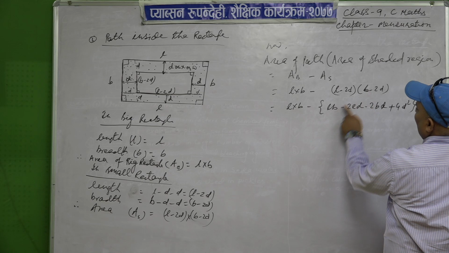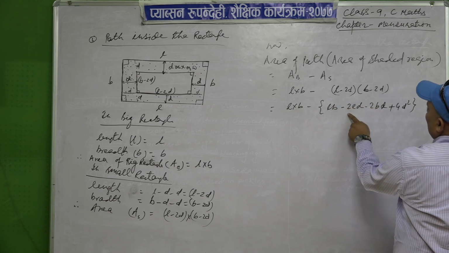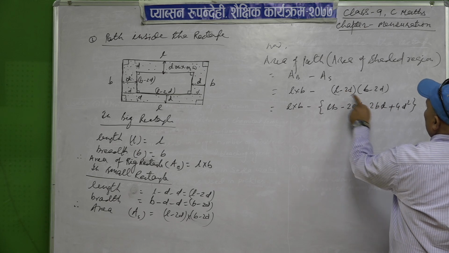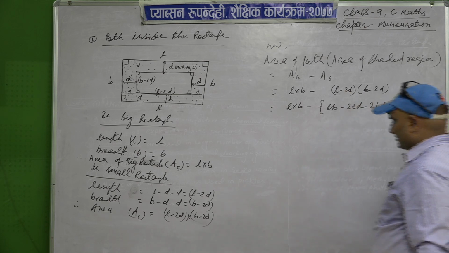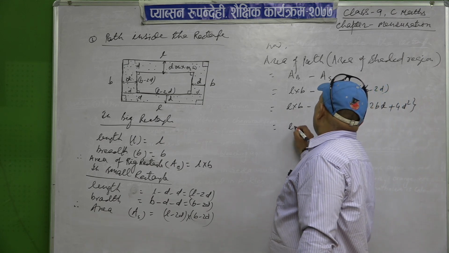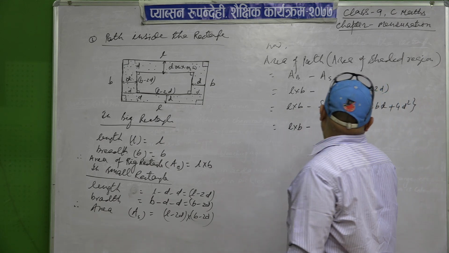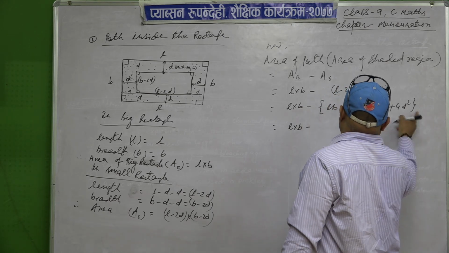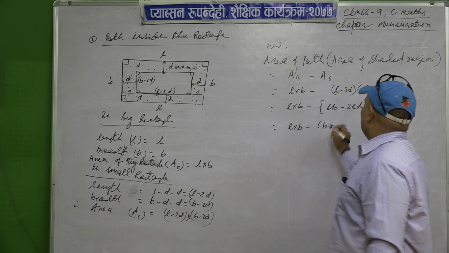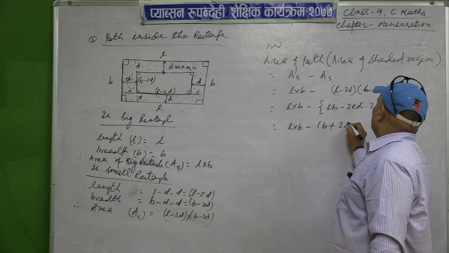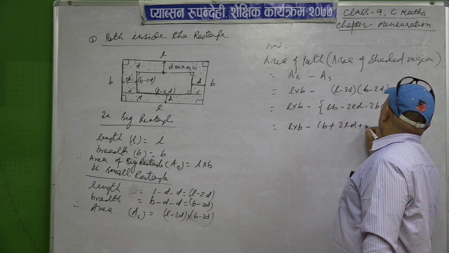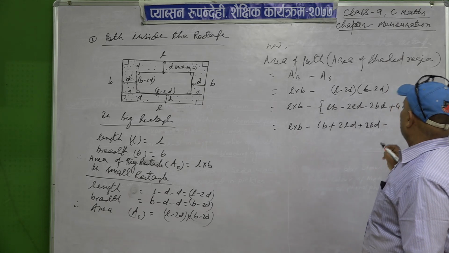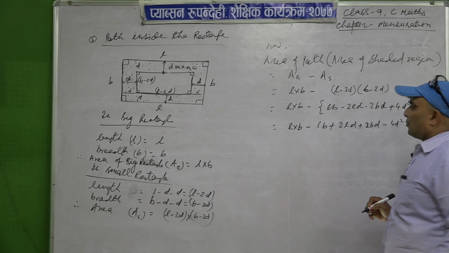Now see LB, L into minus 2d, that is minus 2LD, 2d into minus b, that is minus 2BD, and minus minus plus 4d square. L into B minus, now multiply by minus inside the bracket, that will be minus LB plus 2LD plus 2BD minus 4d square.